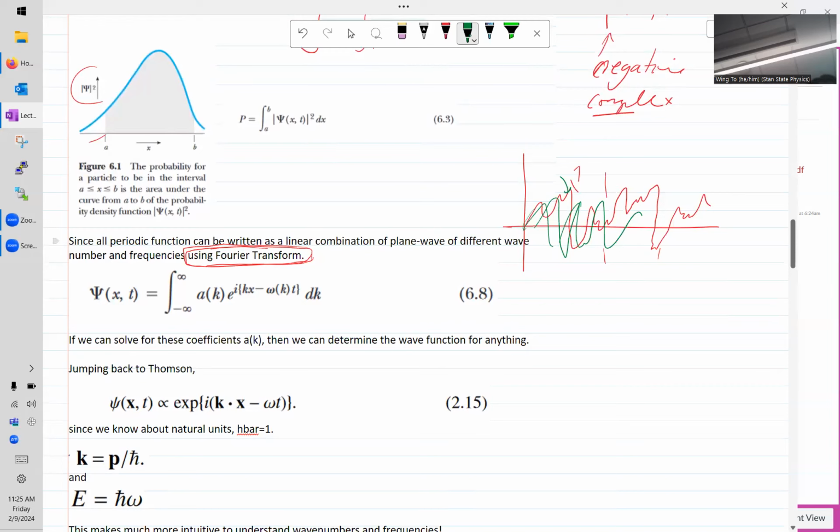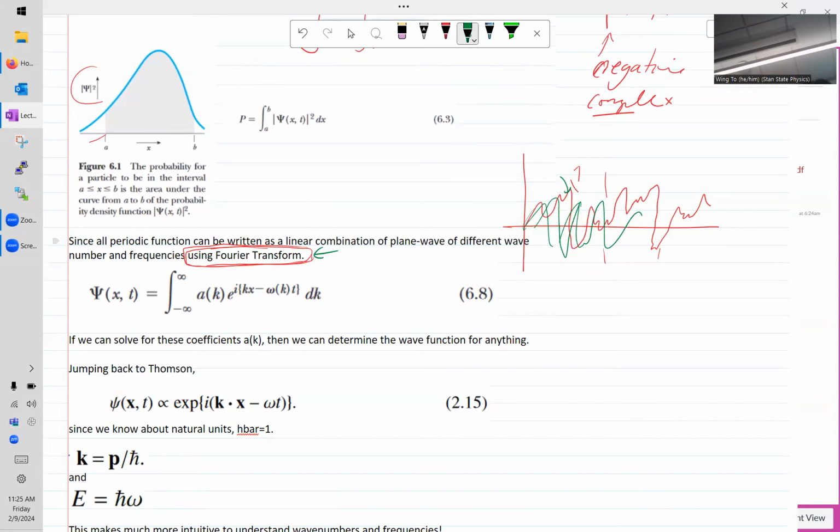This is known as a Fourier transform of a function. The main idea is that instead of trying to describe exactly what the function is, you're describing different wavelengths or different frequencies of it, depending on which space you're dealing with.